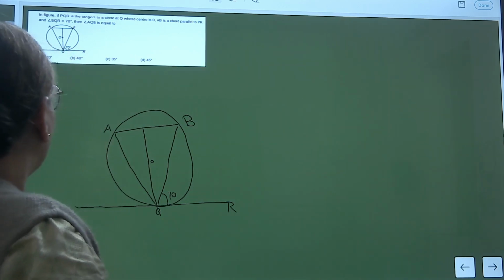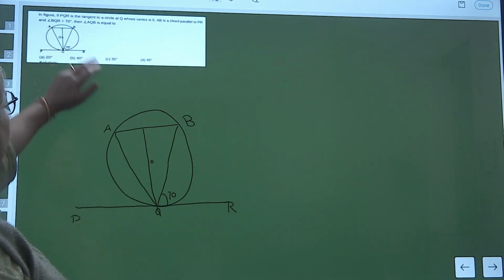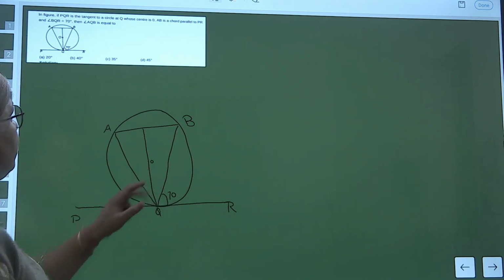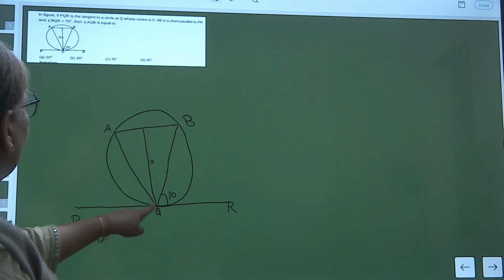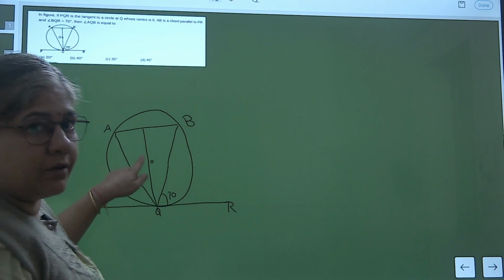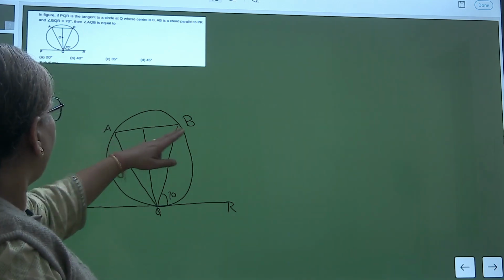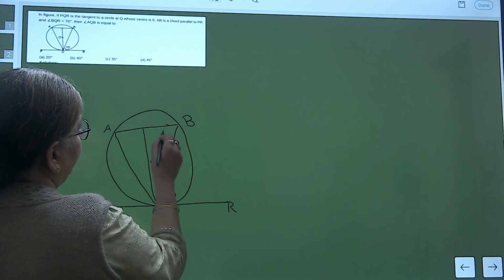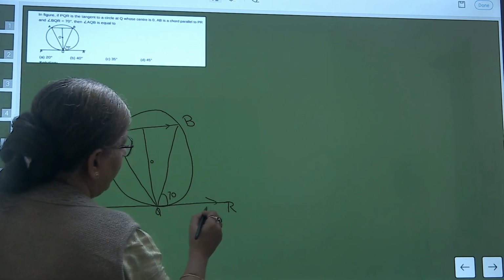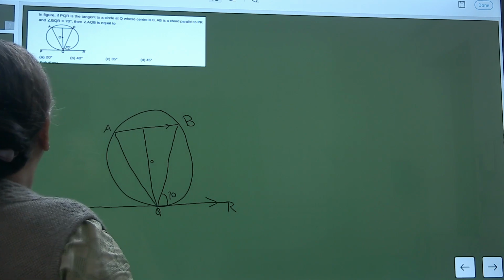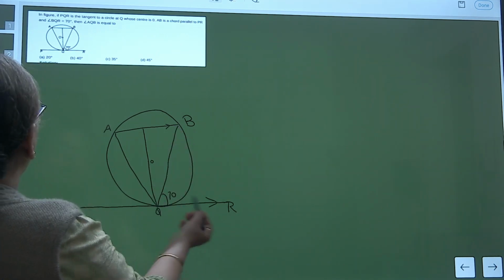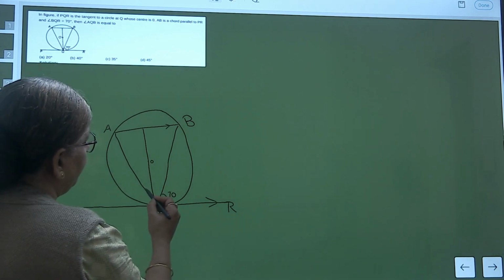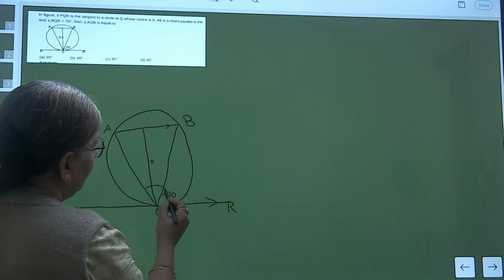Question. It is given that in the figure, PQR is a tangent to the circle at Q, whose center is O, and AB is parallel to PR. Angle BQR is 70 degrees, and we have to find this angle AQB.